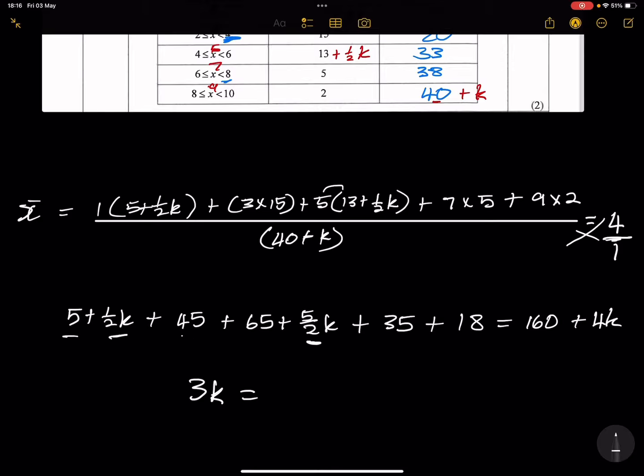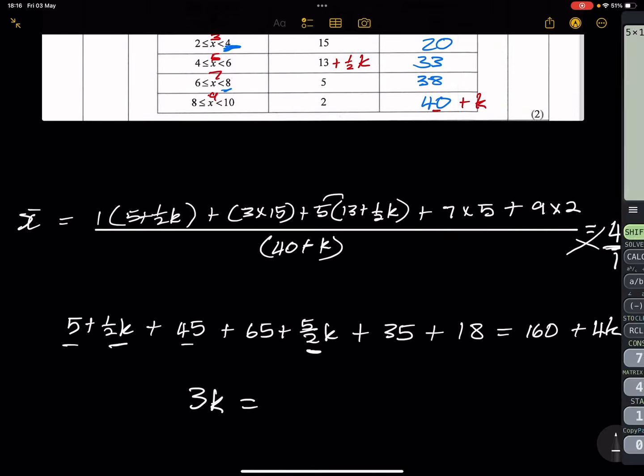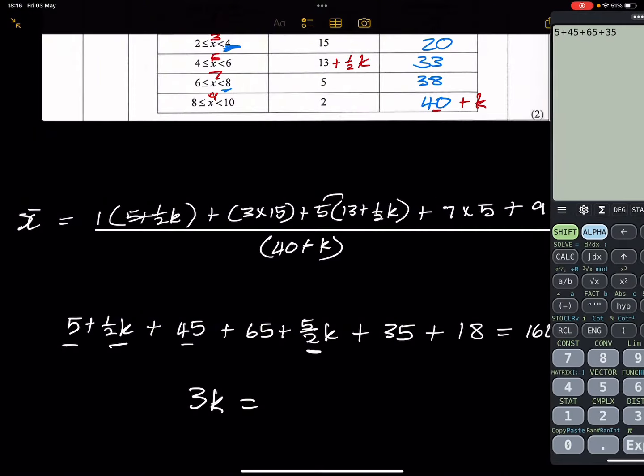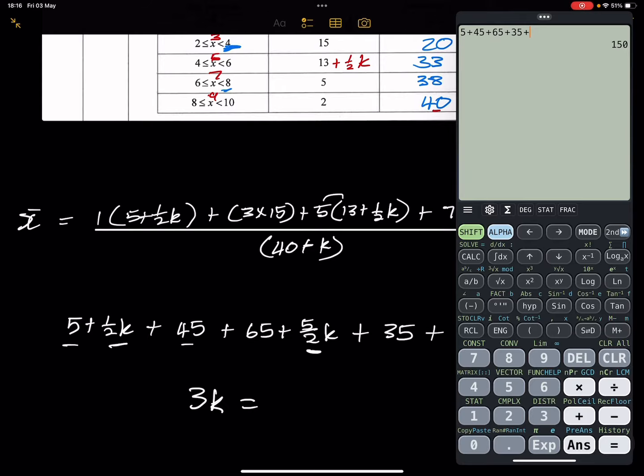Let's take everything else. That's 5 plus 45 plus 65 plus 35 plus 18. We added all of that up and that gives us 168.